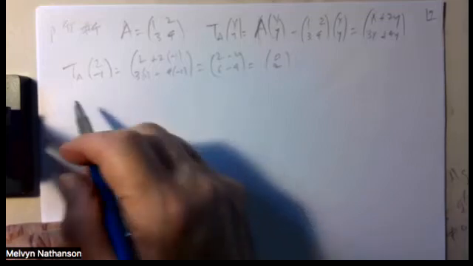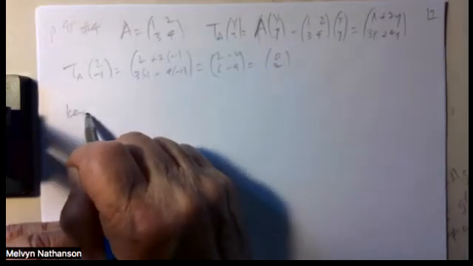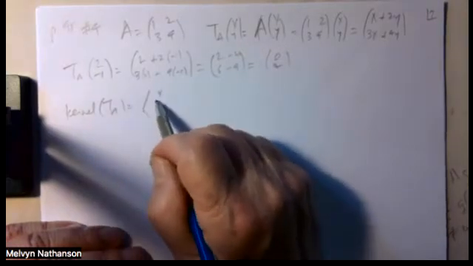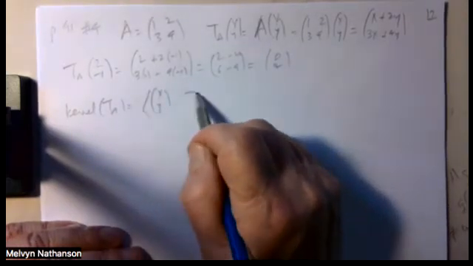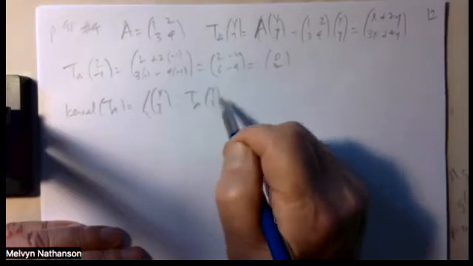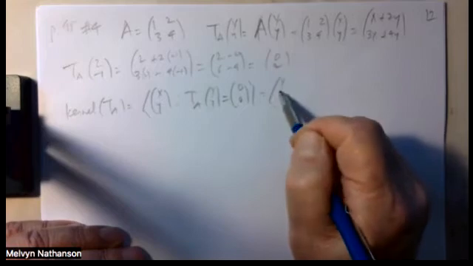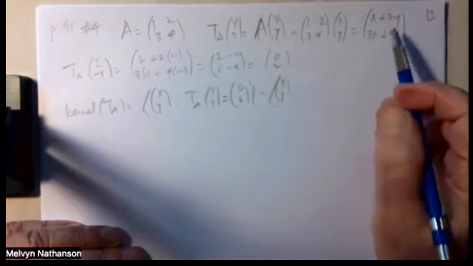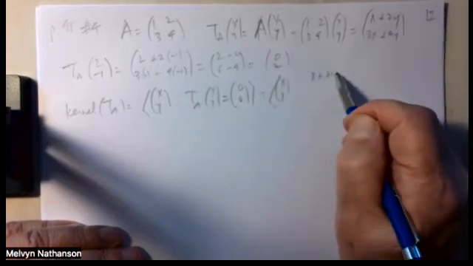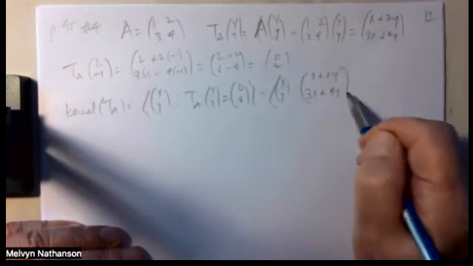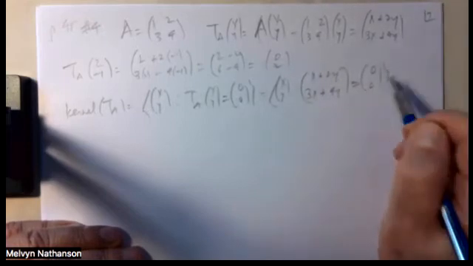What's the kernel? The kernel is the set of all vectors x, y such that T sub A of x, y is 0. That means all vectors x, y where the vector x plus 2y, 3x plus 4y equals the 0 vector.